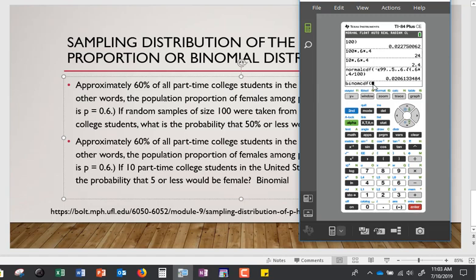The arguments that you enter in: how many people are you in the study, 10. You enter in P, your probability of success, 0.6. You enter in the X value that they ask you about, and binomial CDF calculates the probability of this number and everything below it. So that will be 5. So 37% chance.